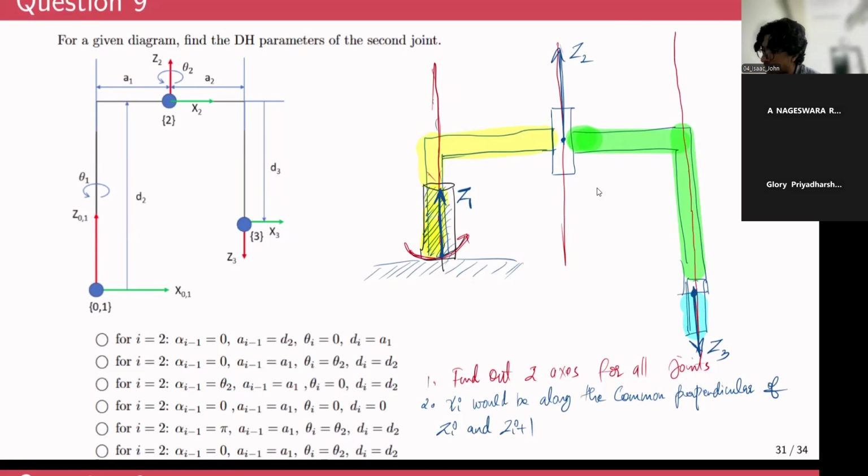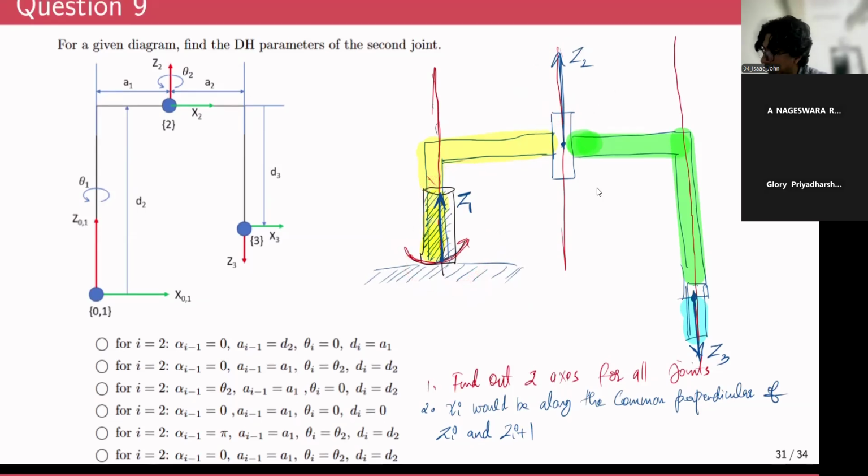So in order for you to fix the x-axis, it should be along the common normal of zi and zi plus 1. So let's consider this fact. If you want to find out the direction of x1, you have to look at the direction of z1 and z2, and x1 should be along the common perpendicular to both of these axes. Right? So this is the axis of x1, z1.